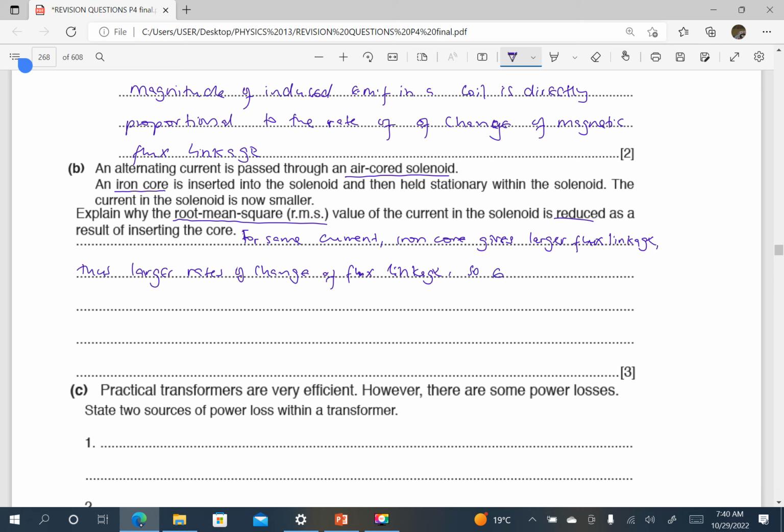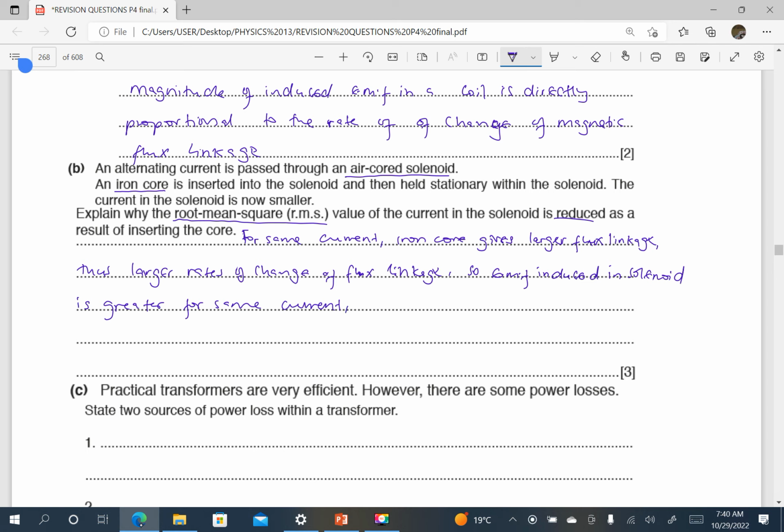So the EMF induced in the solenoid, due to, of course, the current or the changing magnetic field in the core, is greater for the same current.